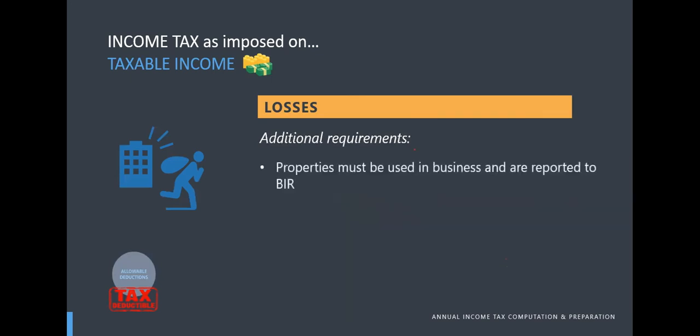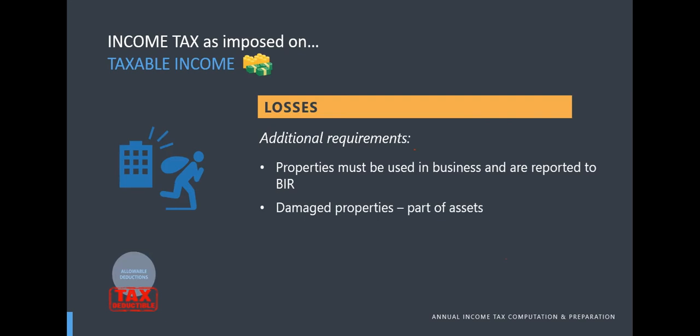So, additional requirements for losses to be deductible: the properties must be used in business and the loss reported to the BIR. Upon the happening of the loss, it must be filed with the BIR. So the taxpayer must prepare all the documentary requirements necessary to be submitted to the BIR for the recognition of losses.